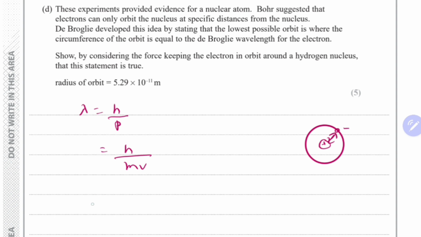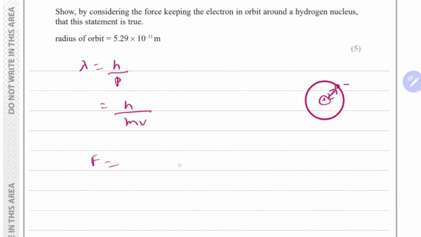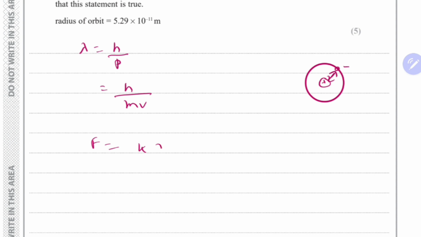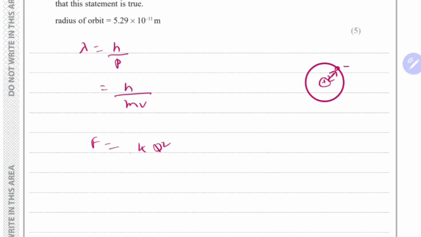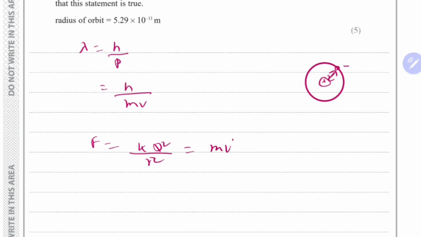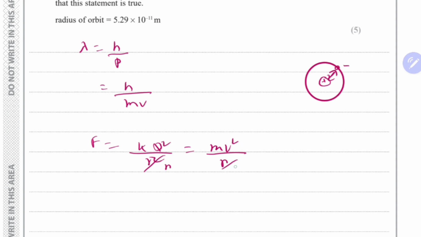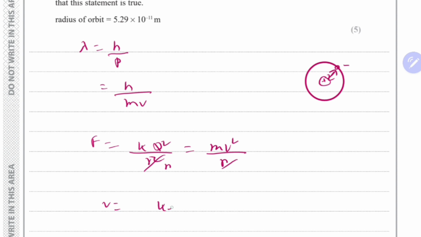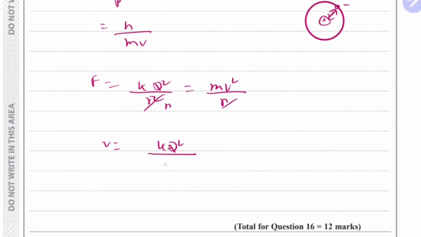So we're going to equate two equations here. Force equals k q squared, because both of them have the same charge, by r squared, equals m v squared by r. Cancel one r. We're going to make v the subject because we need that one. v equals root of k q squared by r m.